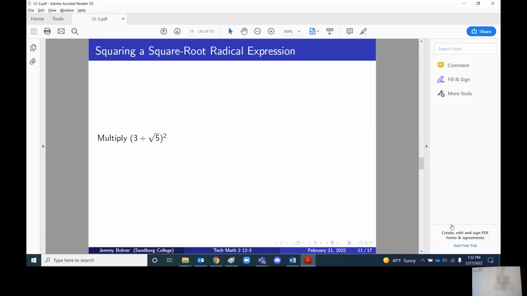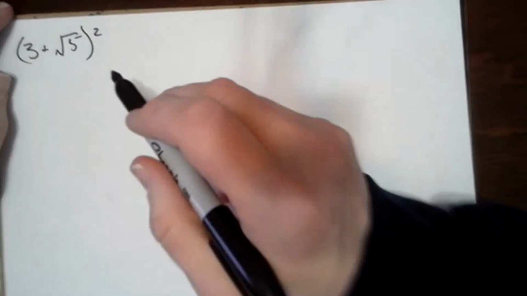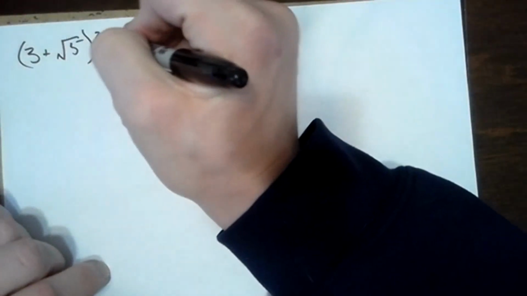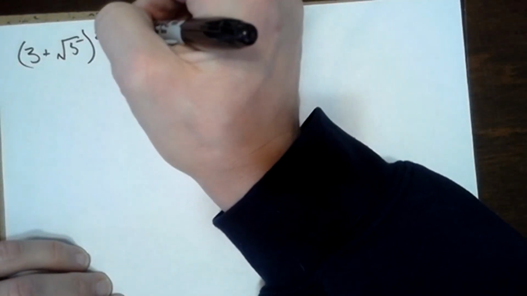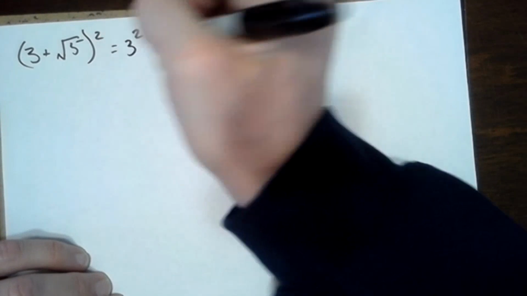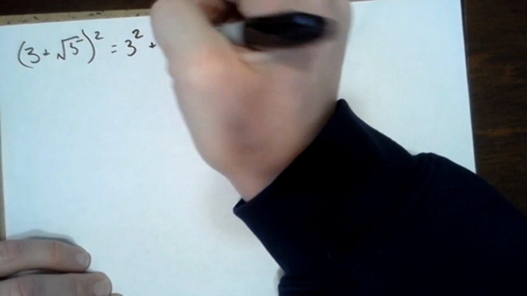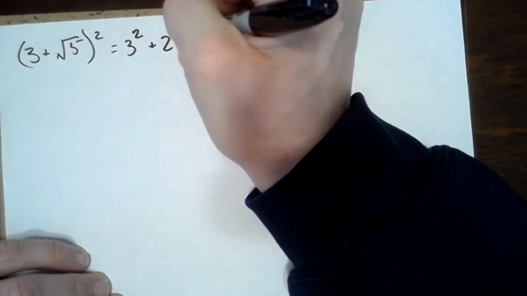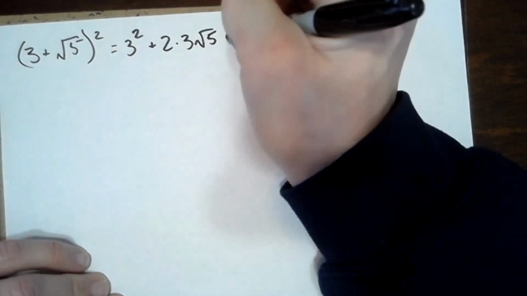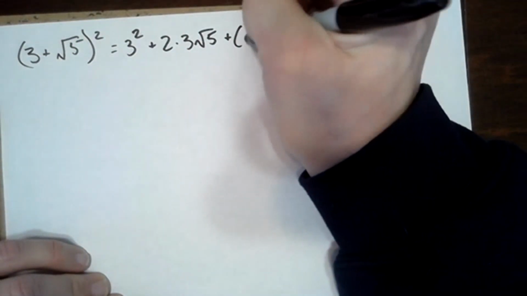Next, we are asked to multiply 3 plus the square root of 5 quantity squared. Okay, well, remember that when we take something of the form a plus b squared, that's a squared plus 2 times a times b plus b squared.